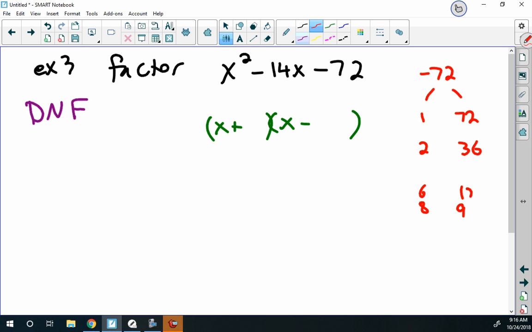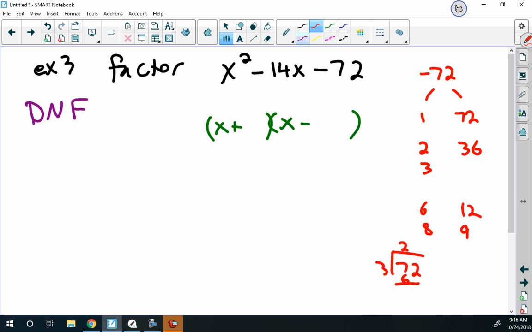6 and 12. What if we subtract those? It's going to be 6. Is that going to work? Dang it. 7 plus 2 is 9. 9 is divisible by 3. This is 3 and... how many times does 3 go into 72?